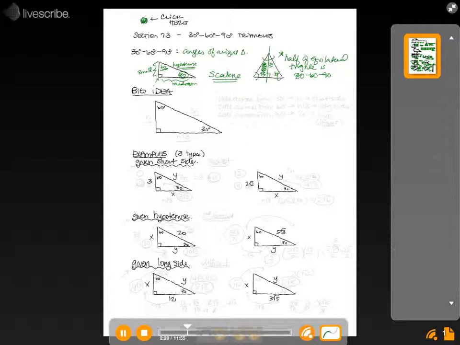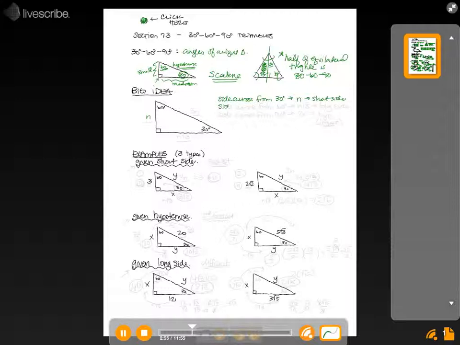Now, what we do is we say that the side across from the 30 is the short side, and it's going to be N. The side across from 30 degrees is N, and we call it the short side. Okay?